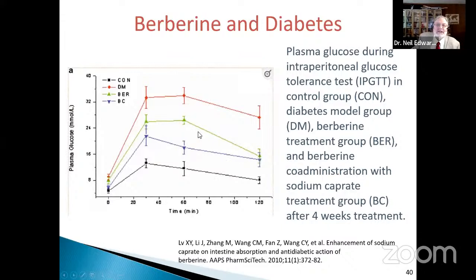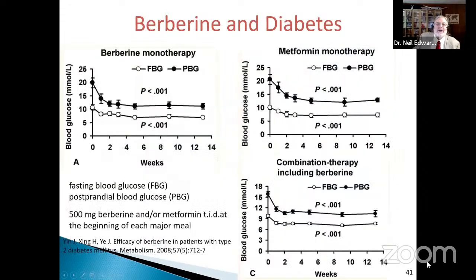So you see there is a significant improvement taking berberine with caprate, the medium chain triglyceride. The area under the curve is much increased. So that lowers the blood sugar, in other words. And giving berberine or metformin or combination, we're seeing the combination works better than the single therapy.